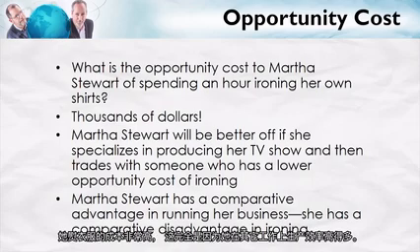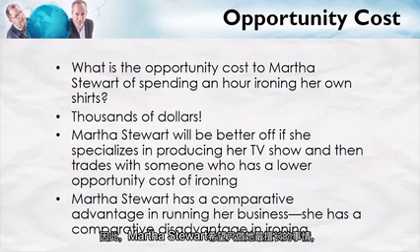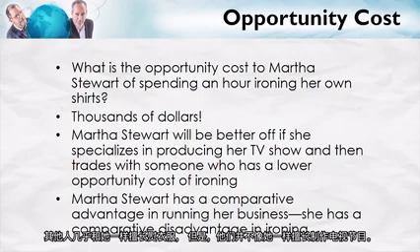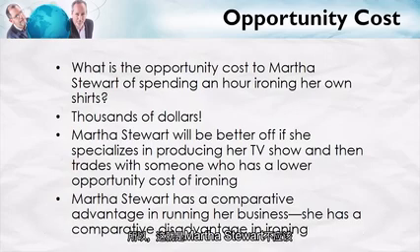The cost to her of ironing is very high precisely because she is so much more productive at other tasks. So Martha Stewart wants to specialize in what she is best at, in where she has a comparative advantage. Other people are almost as good as her at ironing clothes, but they're not as good as her at producing her own TV show. So that's why Martha Stewart shouldn't iron her own shirts.